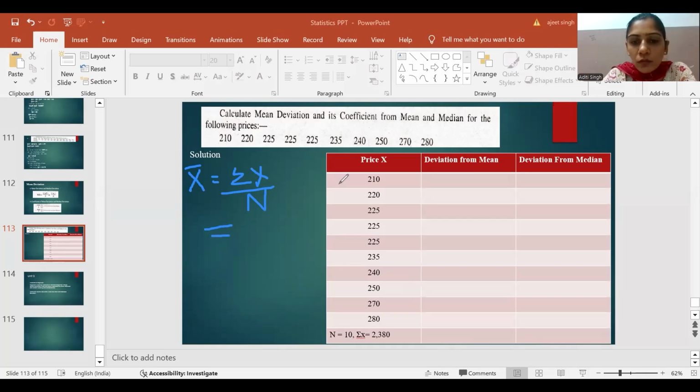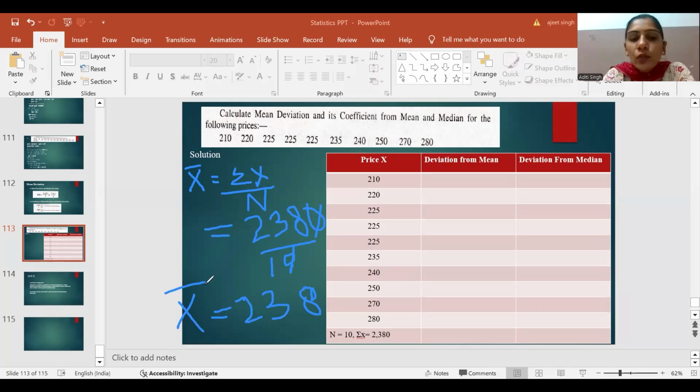So the sum of the series is 2380, divided by the total number, which is 10. So mean is 238. This is how we calculate the value of mean for this given data.